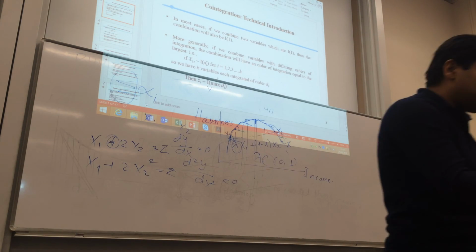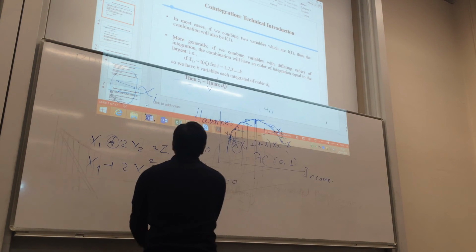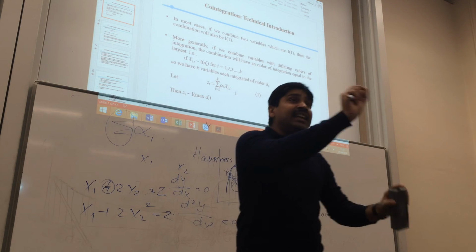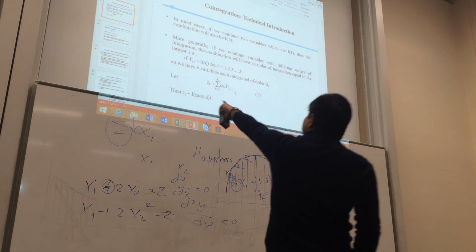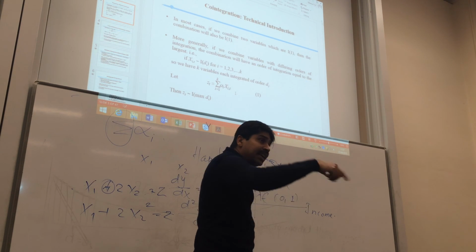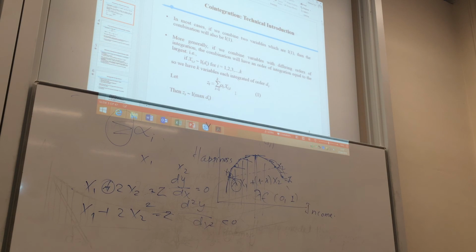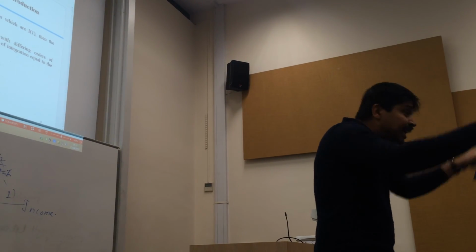This is a non-linear combination. That is what we don't know. But what this theorem says, any linear combination of I(d) variables, you sum them, and that z is the indicator variable that represents a linear combination of all non-stationary or stationary or integrated of order d variables.